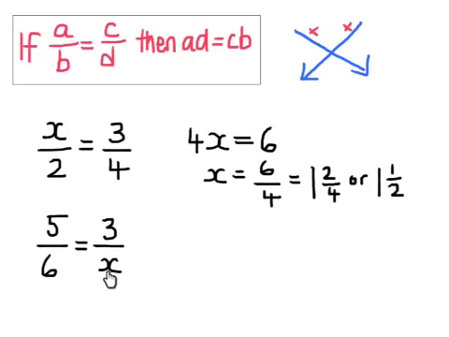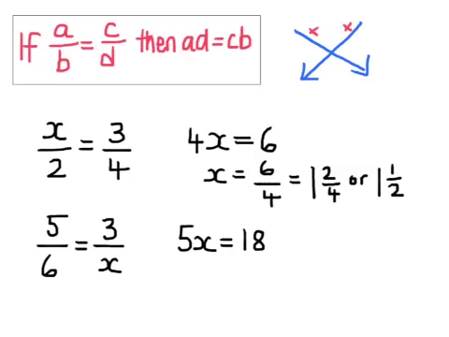So 5 times x, top left times bottom right, is equal to 3 times 6, top right times bottom left. So that's going to give us that 5 times x, which is 5x, is equal to 3 times 6, which is 18.